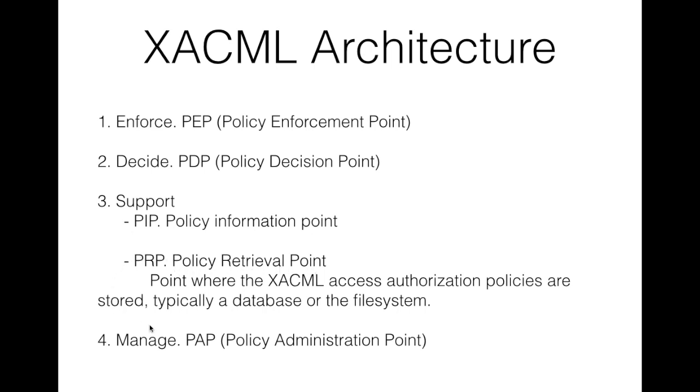I will explain all of them later, but this part could be a little difficult, so I will say something now. It's the point where the access authorization policies controlled by this part are stored, typically in a database or file system. And finally, the manage part, the policy administration point.